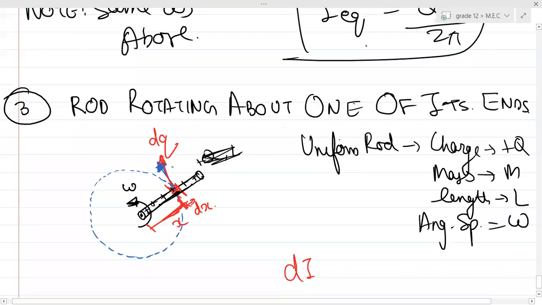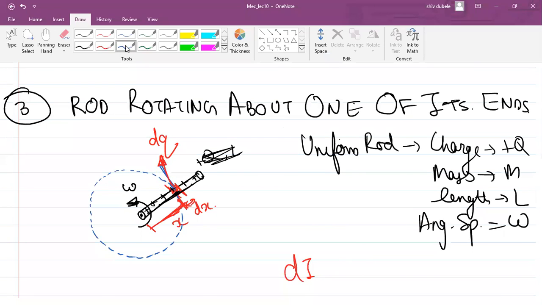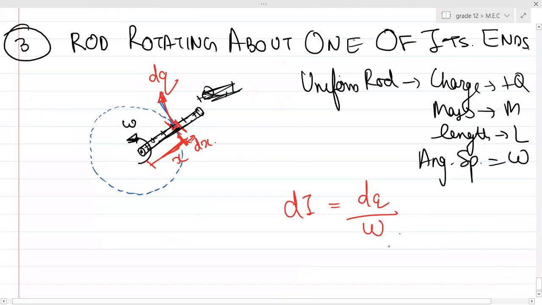Although we don't require the speed, it will not be required. So dI will be equals to dq divided by the time period, 2 pi by omega. Yes or no? Yes. So will it be equals to dq?